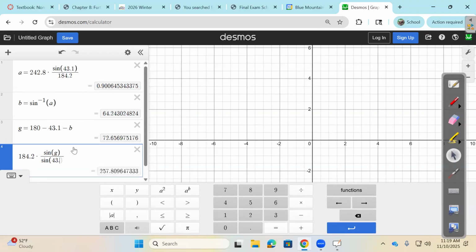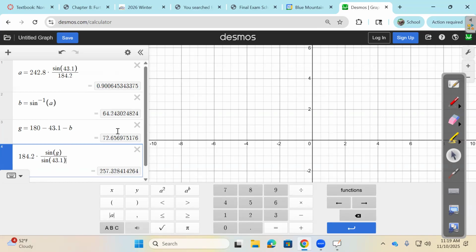Alpha was 43.1. And Desmos holds on to, my guess is, a lot of decimal places, so there's probably no rounding error in the first 10 decimals here. So I'm getting that side C should be about 257.33.